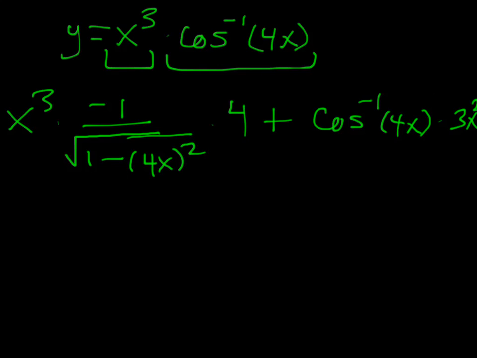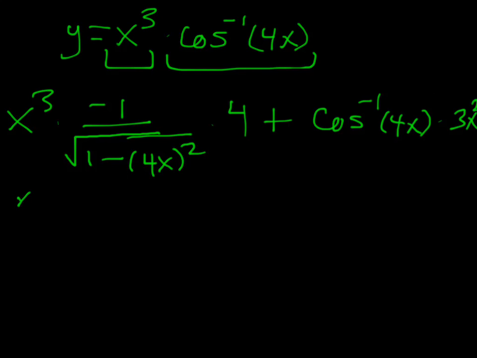Alright, so now what I need to do is just simplify this a little bit. I'm going to try to write as small as possible. So x to the 3, and I put my negative sign in front of that guy. Let me just make this a little bit bigger. There we go.